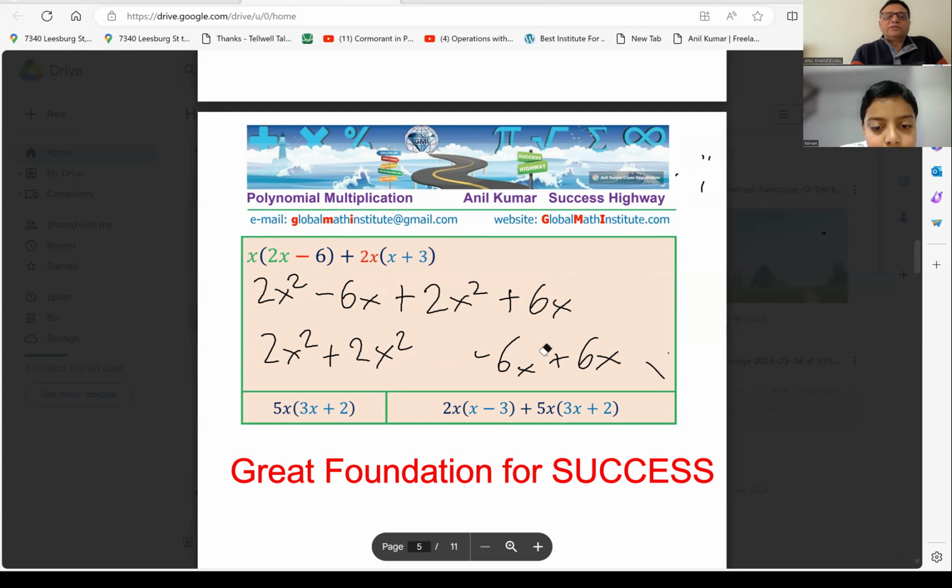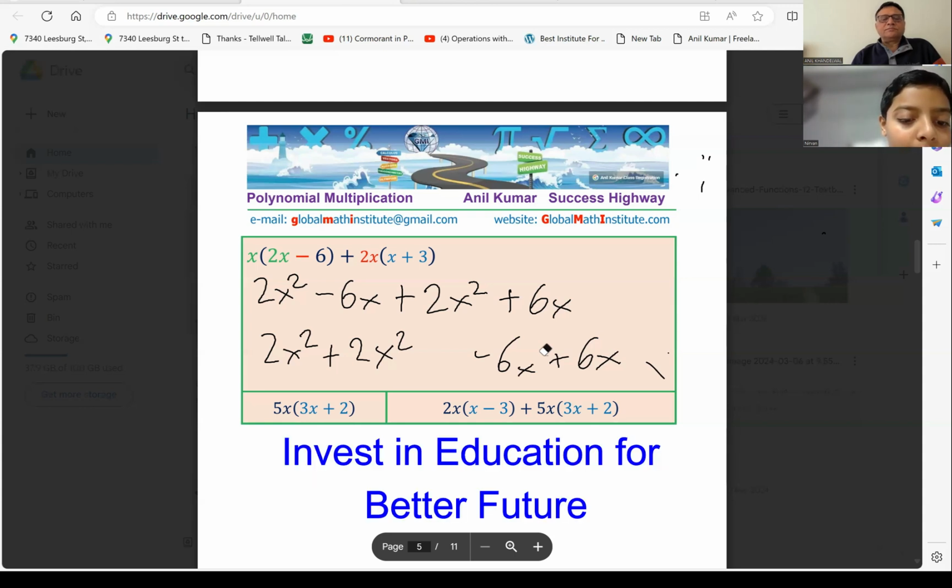What do you get when you do this? Okay, let me write. So you'll get 2x squared plus 2x squared is 4x squared. Perfect. And that would be minus 6x plus 6x is 0. Great job. So Nirvan, you multiplied and you got this answer as 4x squared. That is absolutely correct. Great work done, Nirvan.